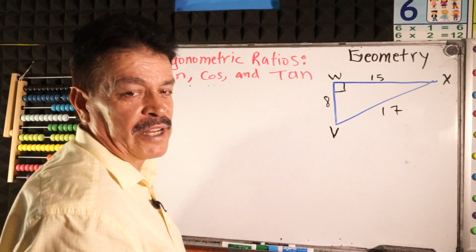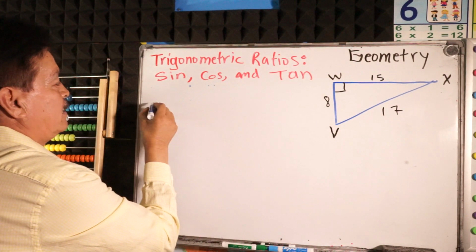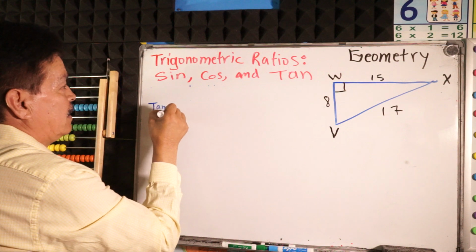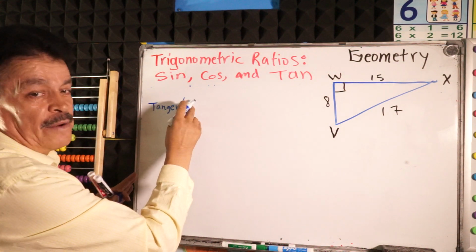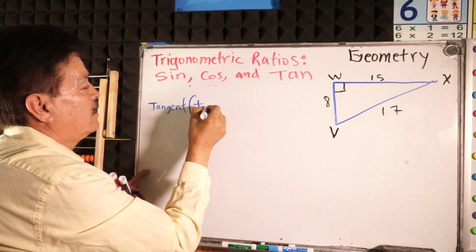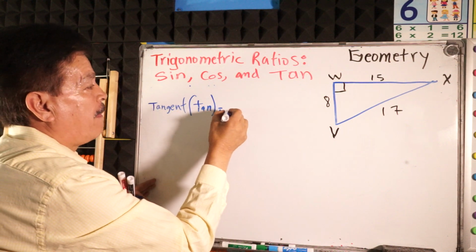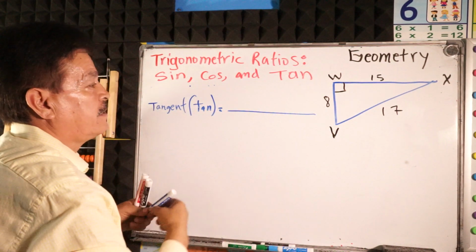All right, this is our triangle. So the definition of tangent: you are able to write tan, just like this, equals opposite over adjacent.